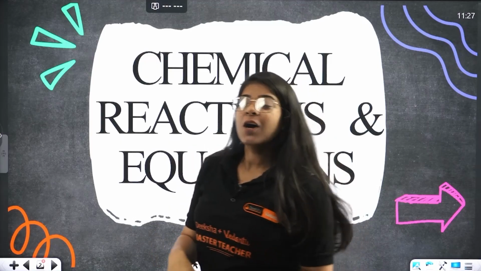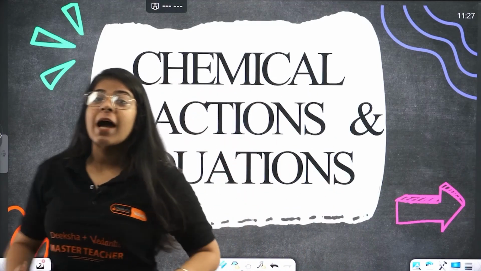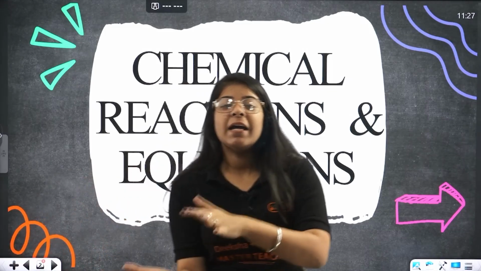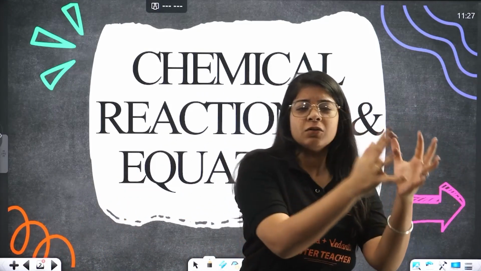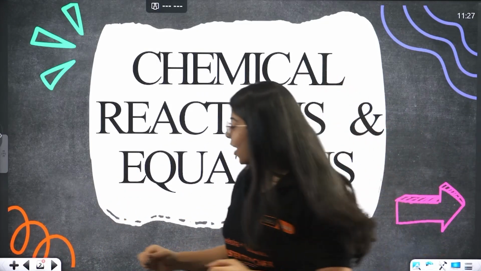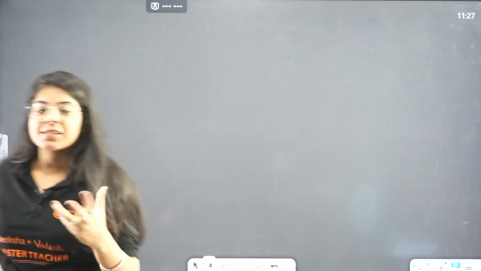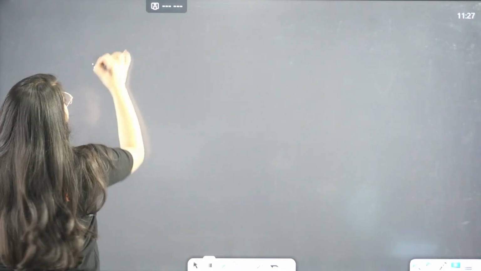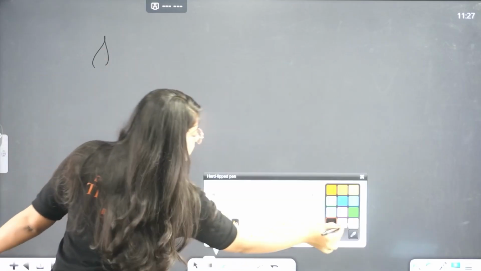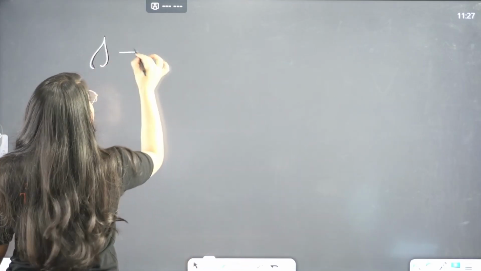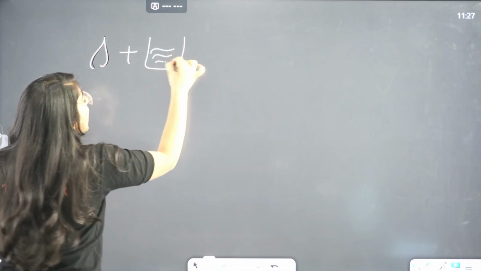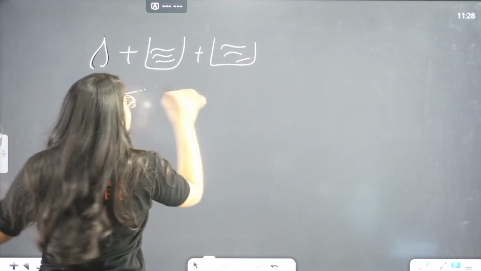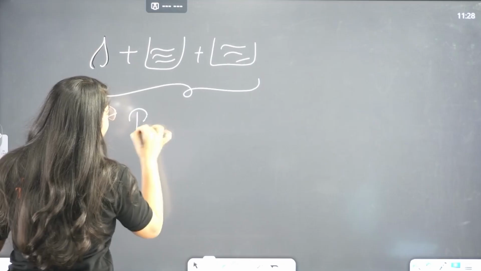Okay, now talking about this chai, what actually happened here? You took lots of ingredients, combined them, and it got formed into some other thing, right? Now these ingredients that you took, my bacha, these are tea leaves, these are water, and this was milk, and all these things are called reactants.